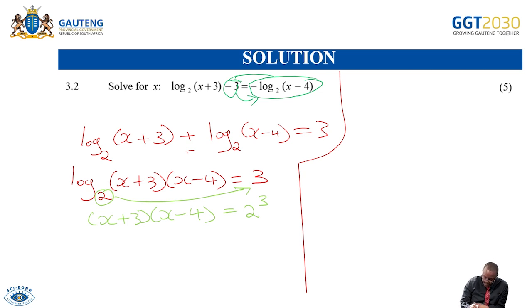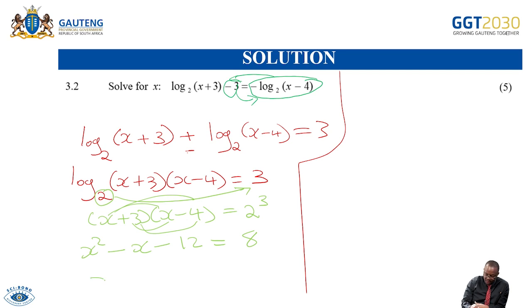Then, when we expand here, we're going to have x squared minus x minus 12 is equal to 8. When you multiply here and you multiply here, that's what you are going to get. Minus 4x plus 3x is minus x.